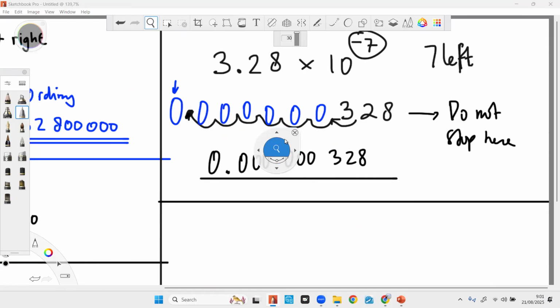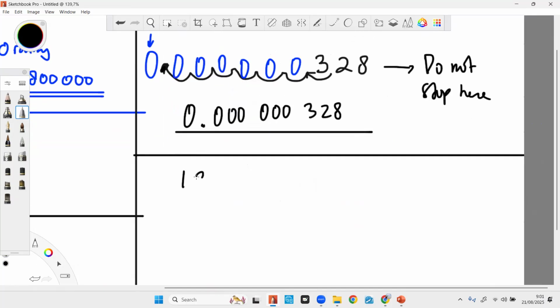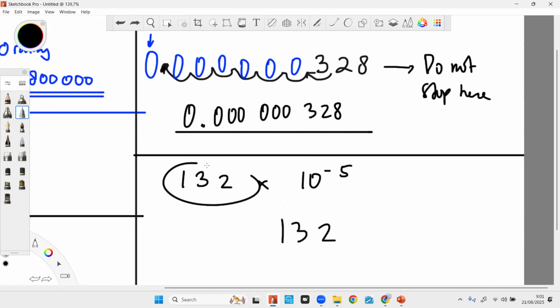Now, one more, guys. 132. This is not a scientific notation, neither an ordinary number. 5. So if I have 132 only, where is the point, guys? Here, right? If you don't have any point, this is 132 regularly.